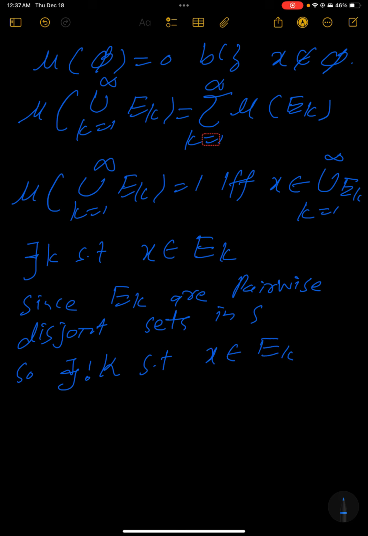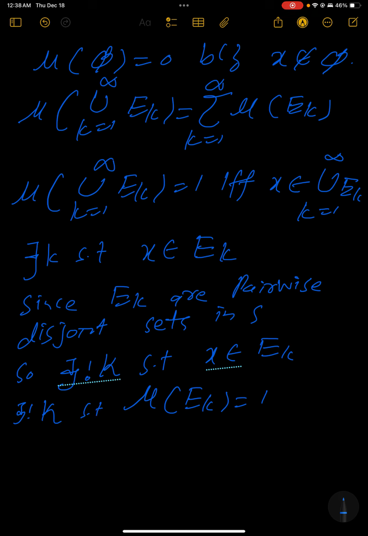So if there is only one k such that x belongs to Ek, this means that measure of Ek is equal to 1.